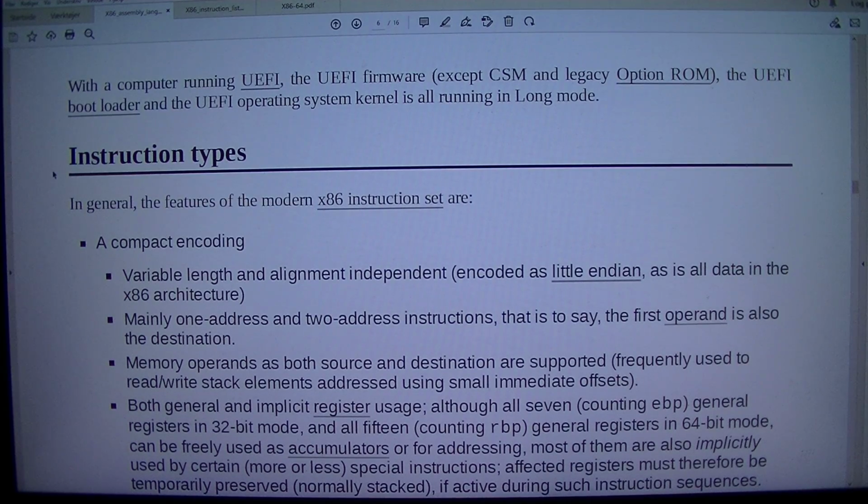With a computer running UEFI, the UEFI firmware, except CSM and legacy option ROM, the UEFI bootloader and the UEFI operating system kernel are all running in long mode.